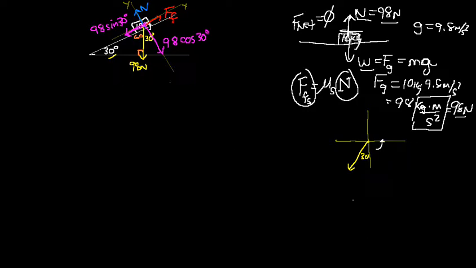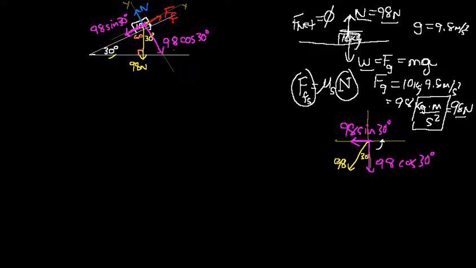This is our 98 newtons. So this one here will be the 98 times the cosine of that angle 30, and this one over here is 98 sine of 30 degrees. That's just taking the vector and resolving it into two components.